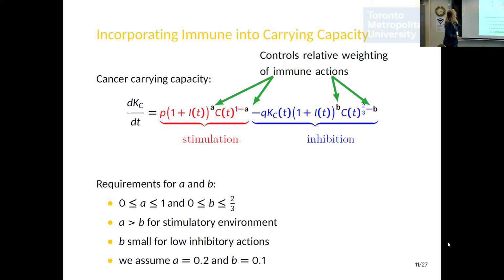Okay, so the parameters here, A and B, are a little bit important. They're controlling the weight of the immune response in doing those pro-tumor actions. I just imposed these limits to keep everything well behaved in the model. And then we insist that the weight on the stimulation should be bigger than the weight of the inhibitory part, so A should be greater than B when we're talking about a stimulatory, inflamed environment.